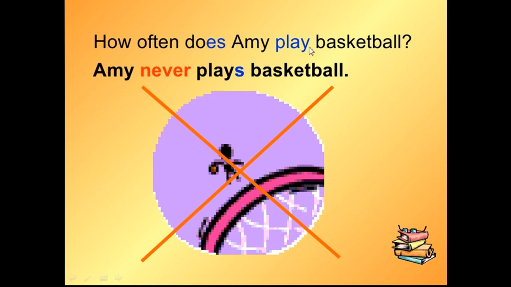How often does Amy play basketball? She never plays basketball. So never here is an adverb of frequency. It expresses that there are 0 times when she plays basketball. She has never played basketball before, so never here is an adverb of frequency. Why? Because we used how often to ask about it.